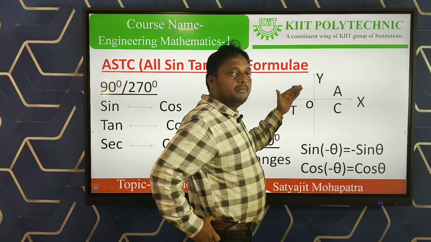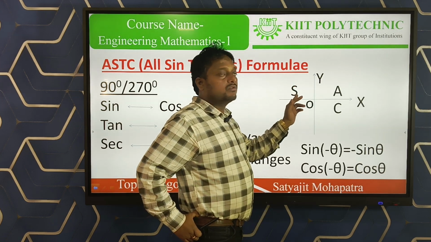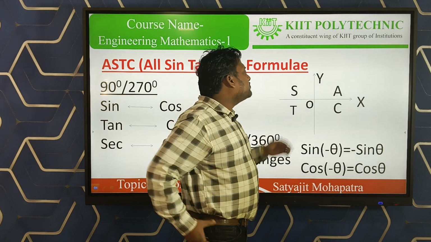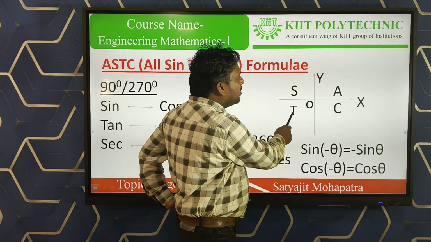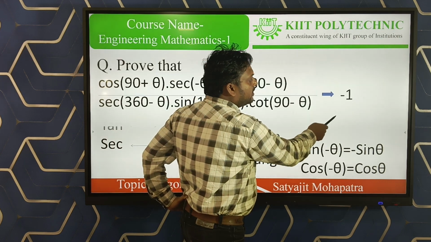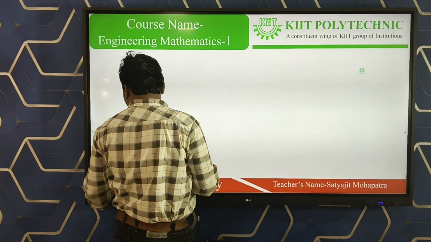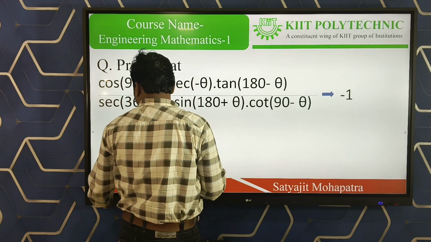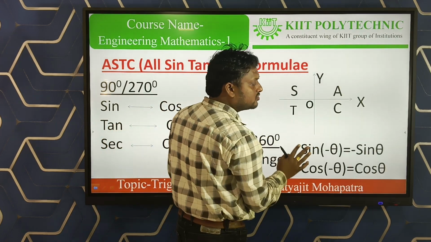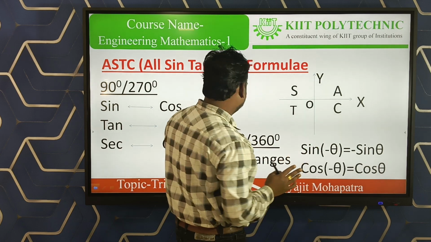If sine is positive, its reciprocal cosec is also positive here. If tan is positive, its reciprocal cot is also positive here. Then cos is positive in the fourth quadrant, and its reciprocal sec is also positive in the fourth quadrant.